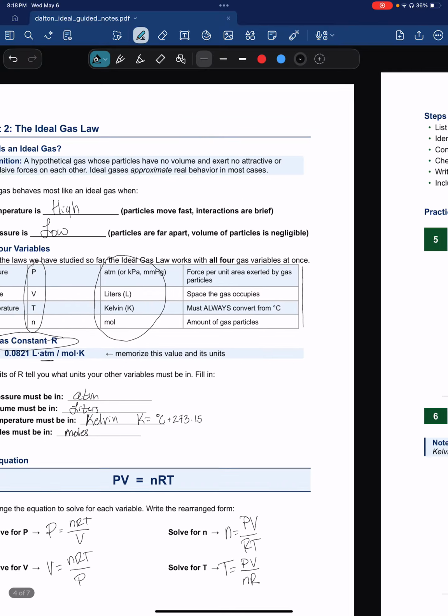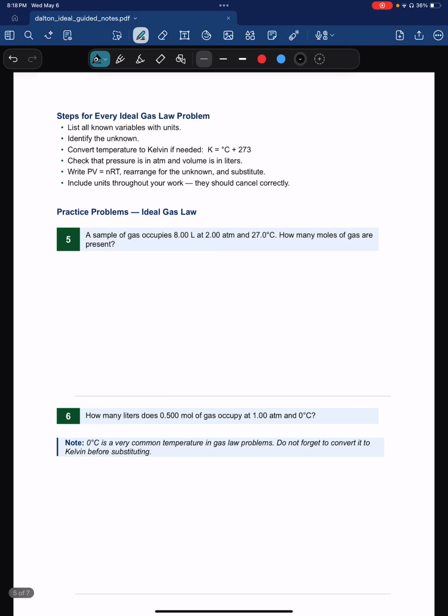All right, ready for some practice problems? Before we go any further, I am going to do a couple of things for all of these practice problems. I'm going to list all the known variables with their units. I'm going to identify the unknown. I'm going to convert temperature to Kelvin if I need to. I'm going to check that the pressure is in atmospheres and the volume is in liters.